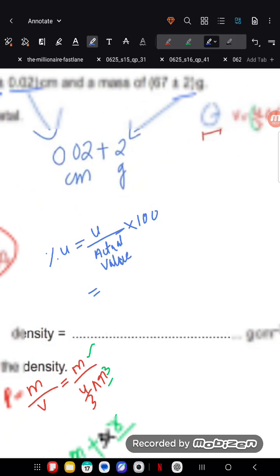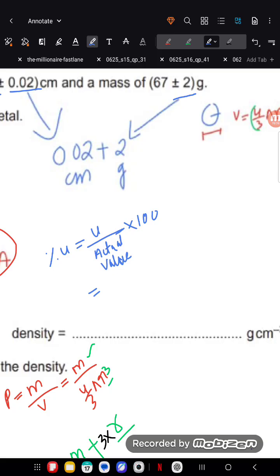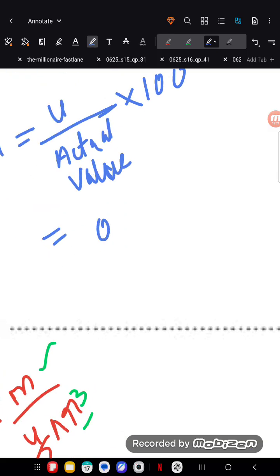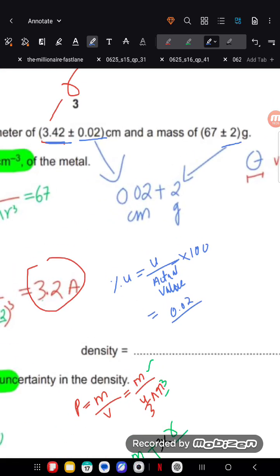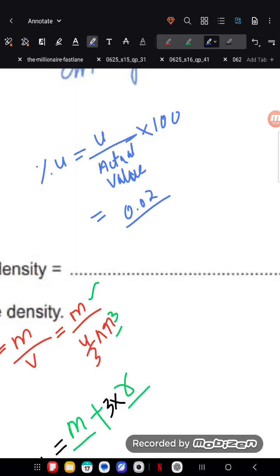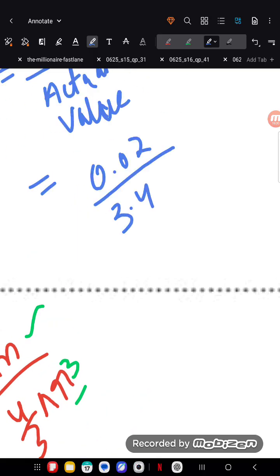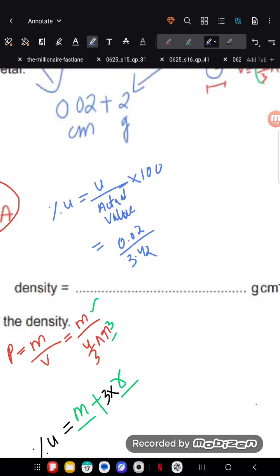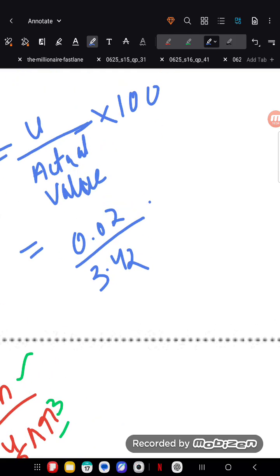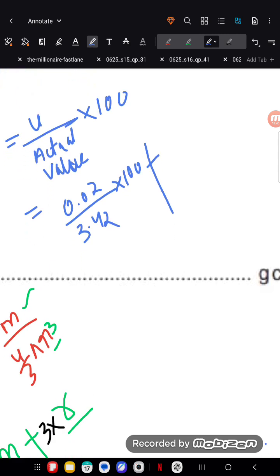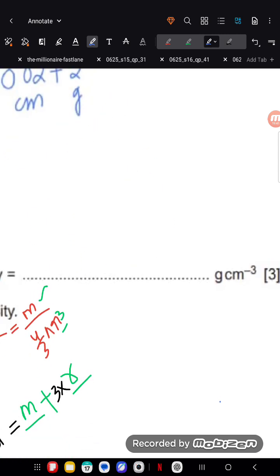So uncertainty is 0.02, the actual value of this is 3.42, and multiply with 100, right? Then plus again. After solving this, you get something in percentage.